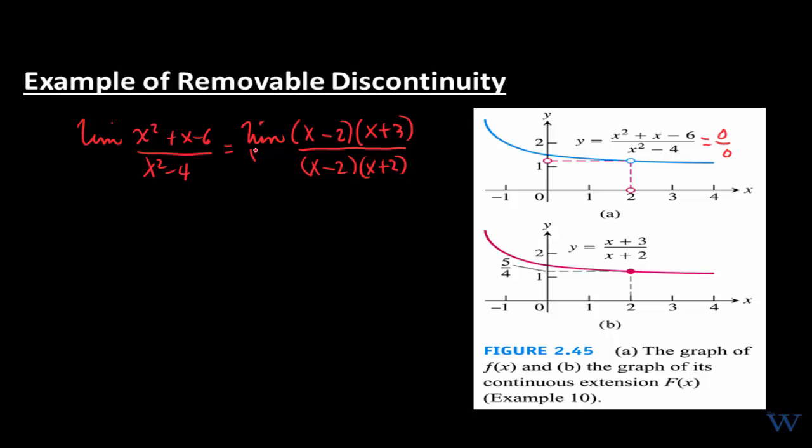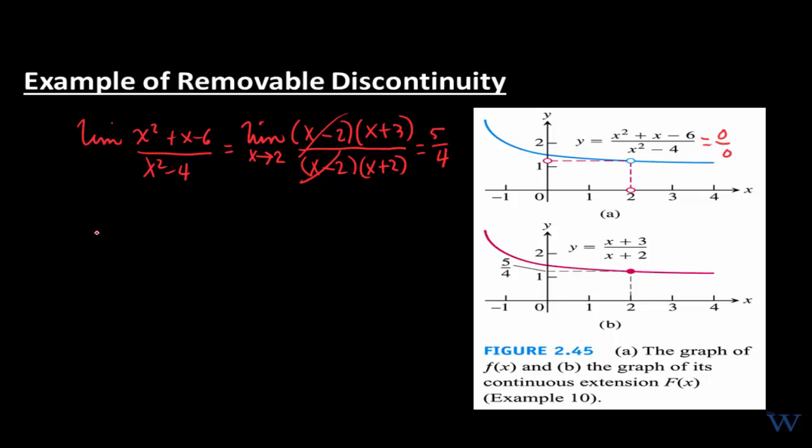When you take the limit as x approaches 2, remember we're just looking at how the function behaves around 2, not necessarily at x equal to 2. So it turns out that that can be cancelled, and this is now equal to 5 over 4, or 1 1/4.